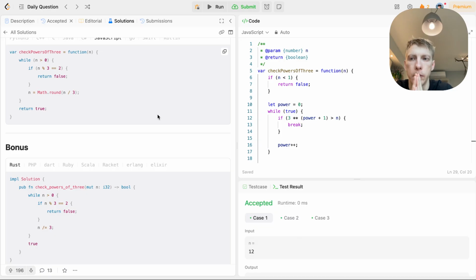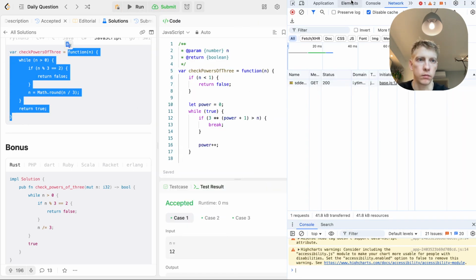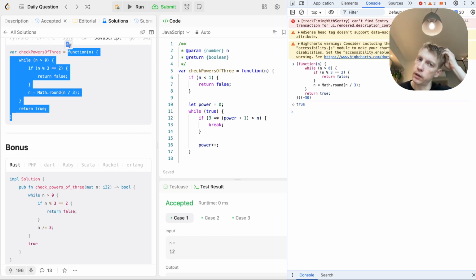But what will happen with negative numbers in this case? Oh, nothing. We will just return. Well, let's try it. It's interesting, because in the initial condition there was nothing said about negative numbers. Yes, we will have true, and it doesn't look like a right solution.